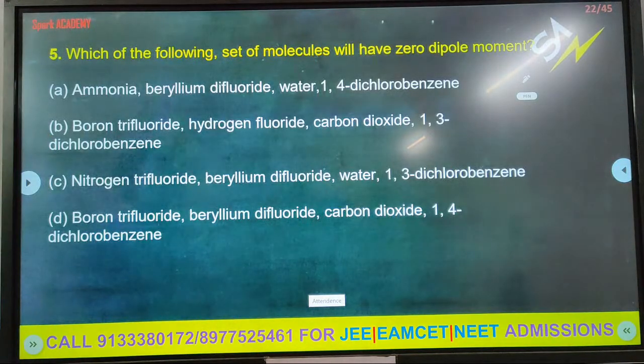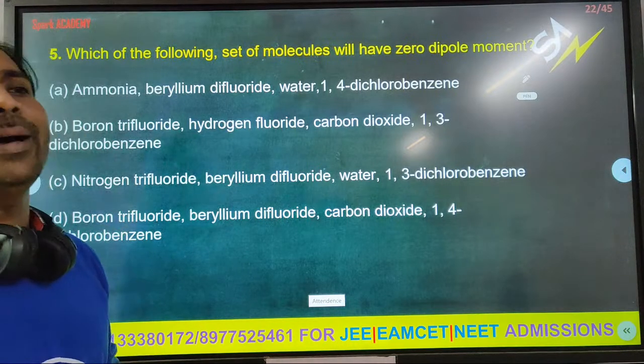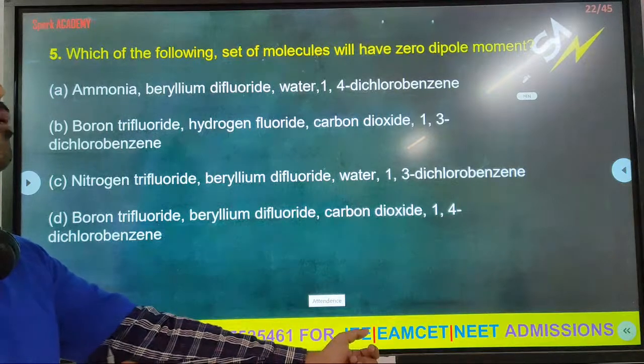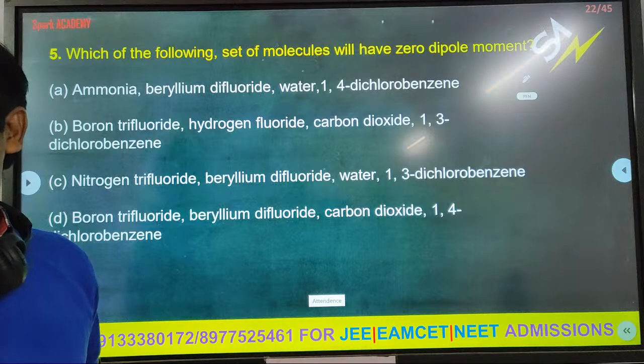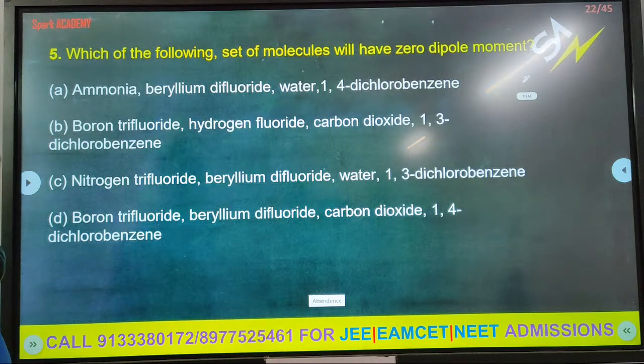in every subject? Now, after completing bond length and bond angle, these two are bond parameters. Regarding bond length and bond angle, we see the types of questions. The first one: which of the following sets of molecules will have zero dipole moment?